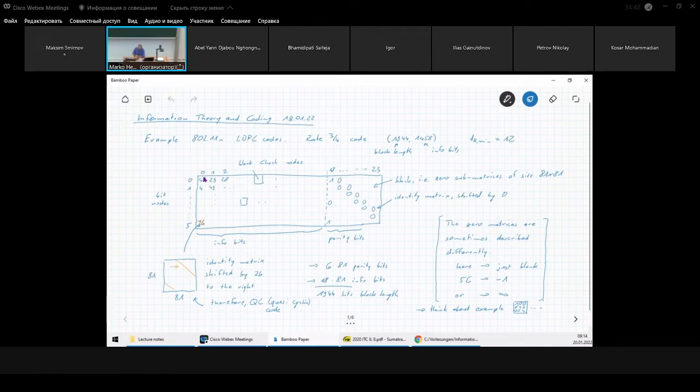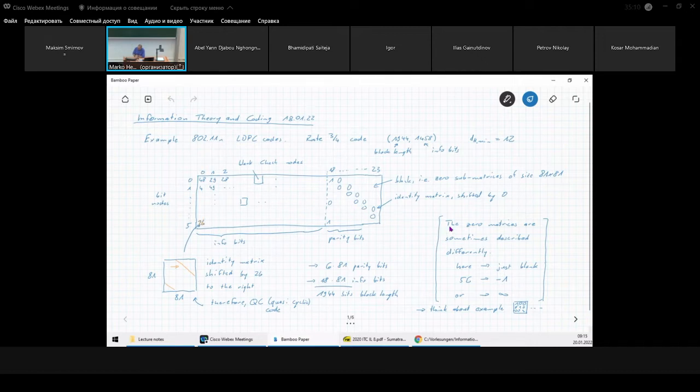So this will go in here. Shifted by 29 will go in here, 28 here, and so on. We also have blank spaces here in this definition of the wireless LAN LDPC codes. Blank spaces just mean we have a zero matrix of size 81 by 81, which goes in here.